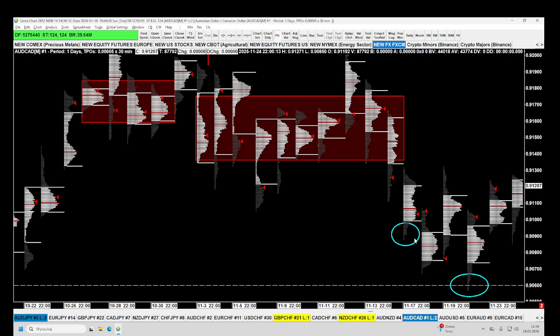Everything on my chart is based on the daily candles, and all of those profiles are the daily profile, daily market view and daily market structure.